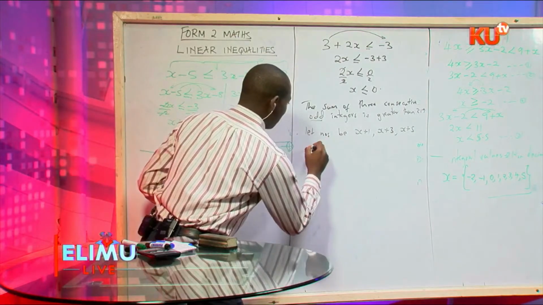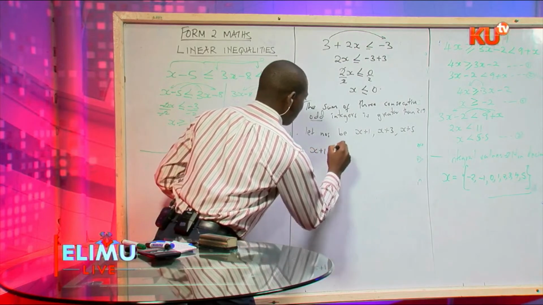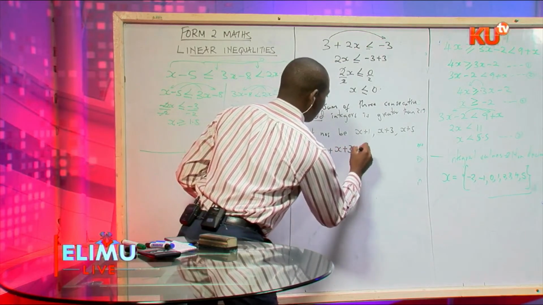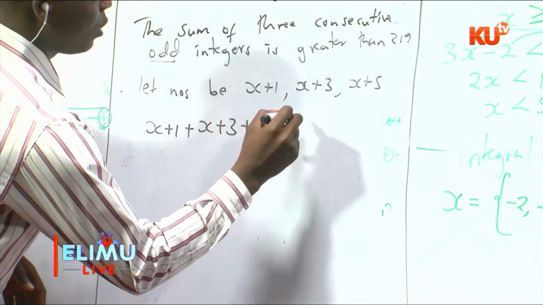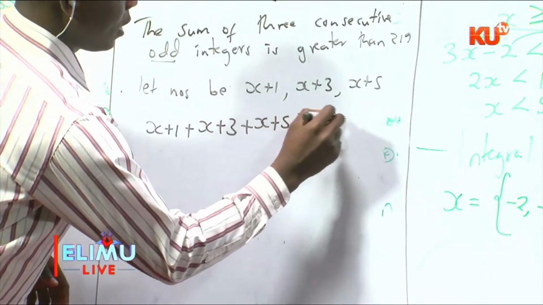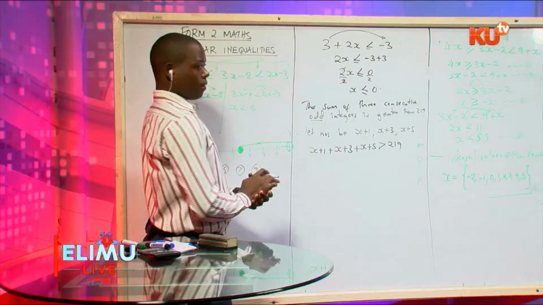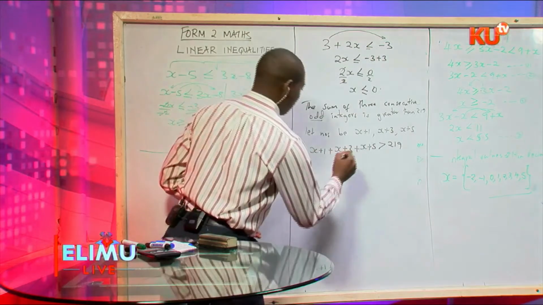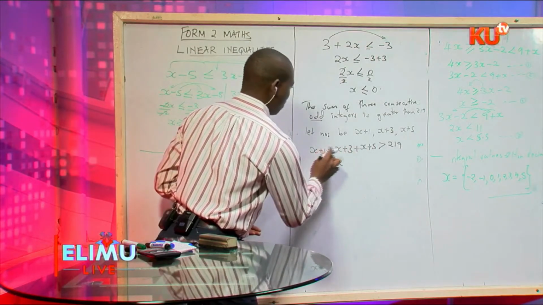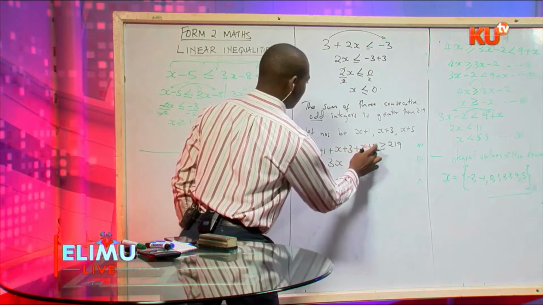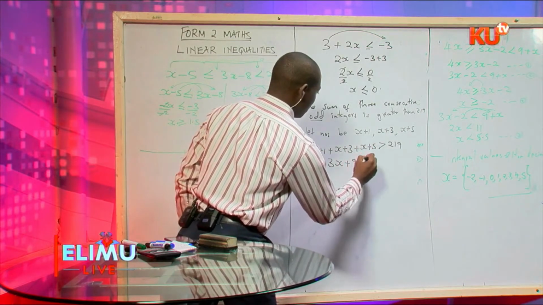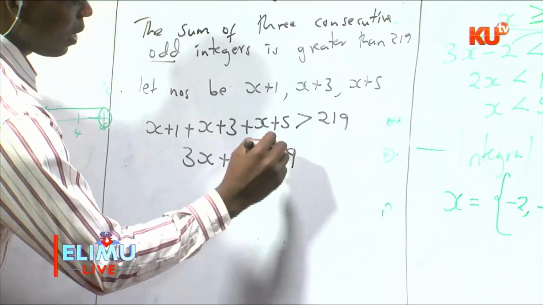So the question says, if you add them, x + 1 + x + 3 + x + 5, this should be greater than 219. Sum up the x, so you'll have 3x. 1 plus 3 is 4, plus 5 is 9. Greater than 219.